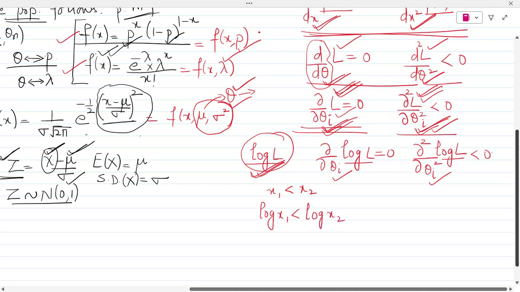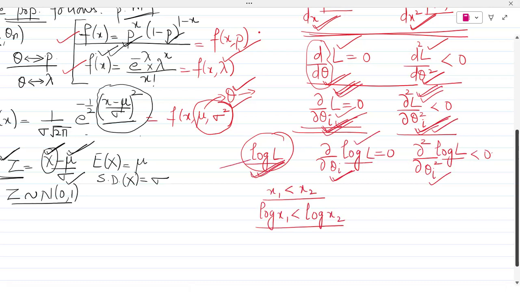So since it is increasing, those values of theta i which maximize L will also maximize log L.